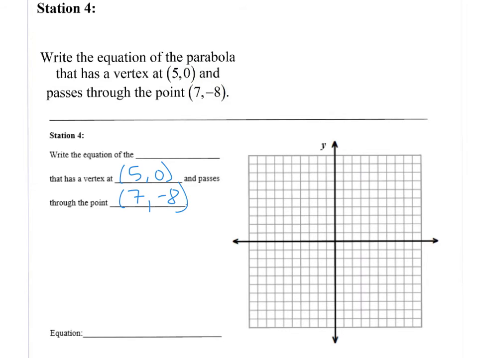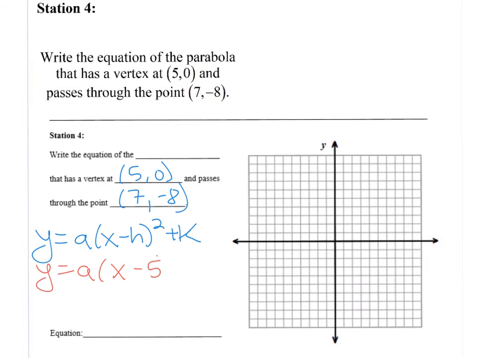Okay. Well, they give us the vertex. So let's start with vertex form. That's a k. So we can fill in, oh, plus 0. That's really nice. Okay. So we've got y equals a(x minus 5) squared. Well, if it passes through the point (7, -8), this is an x and this is a y.